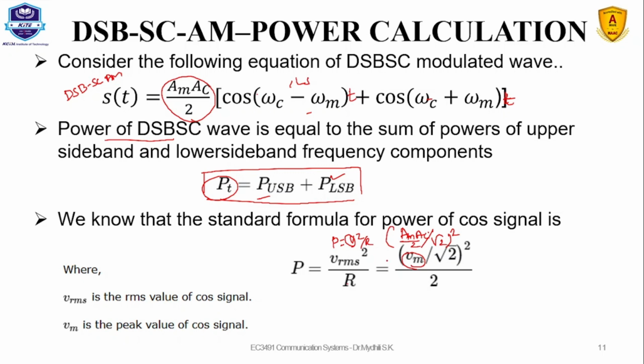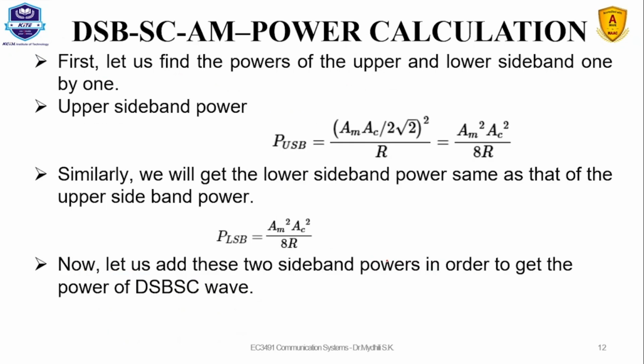When solving it, we will get the term as Am square Ac square by 2. The square root of 2 squared is 2 into 2, that is 4. Here we already have a 2, so 4 into 2 is 8.